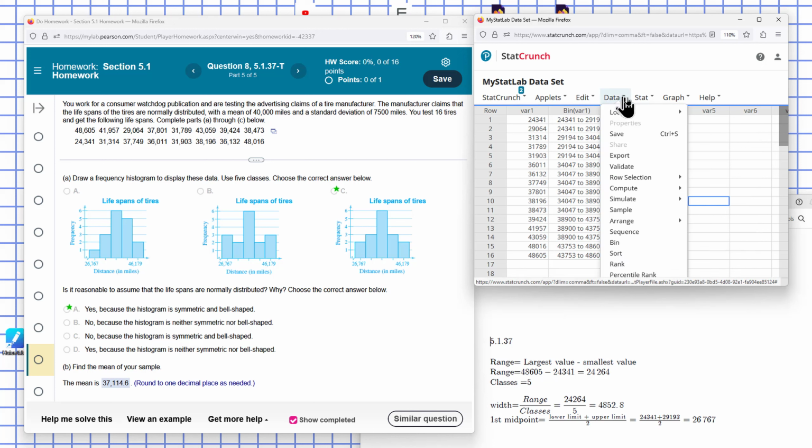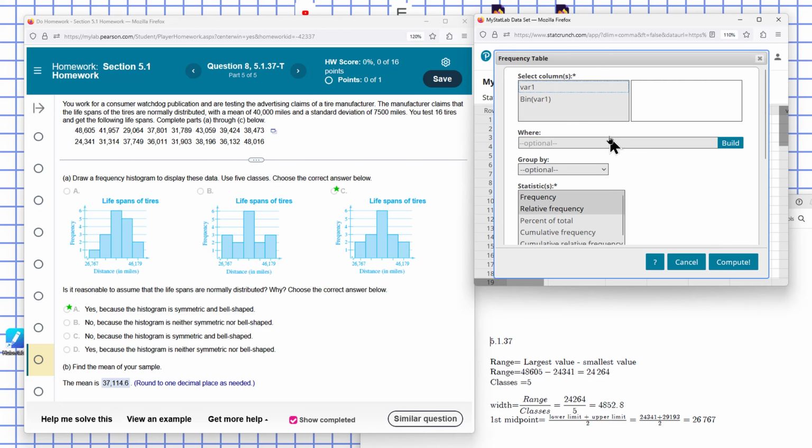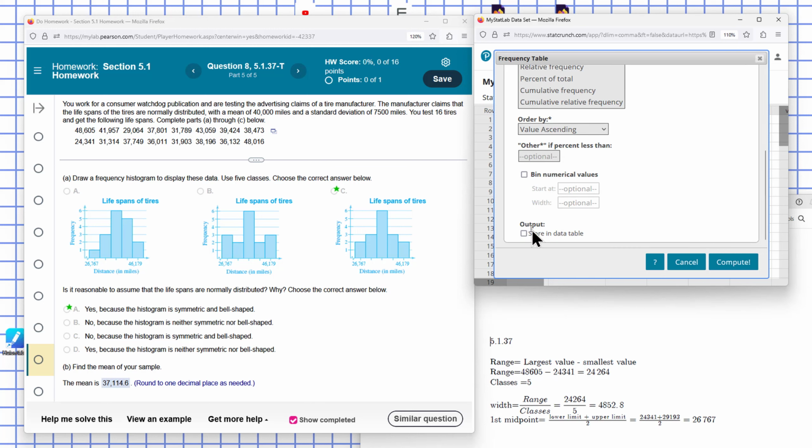So let's do it again. And this time, let's put the data into a table.